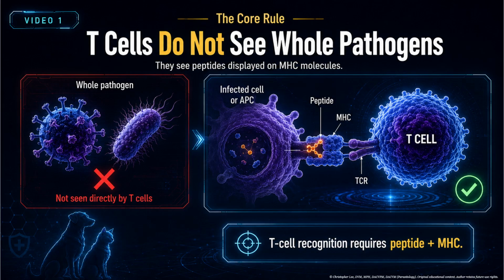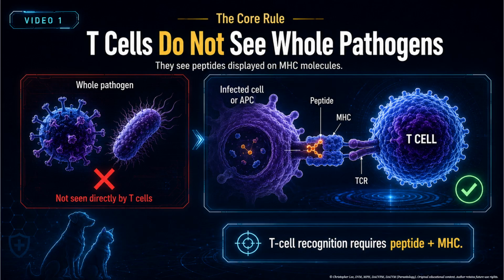Here's the core rule for this video. T cells do not see whole pathogens. This is one of the biggest conceptual differences between T cell recognition and antibody recognition. A T cell is typically not recognizing an entire viral particle, an entire bacterium, or even a whole parasite.